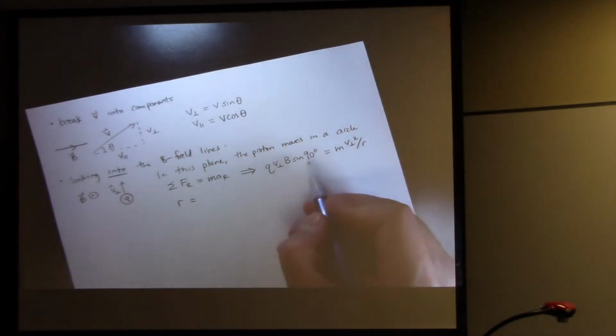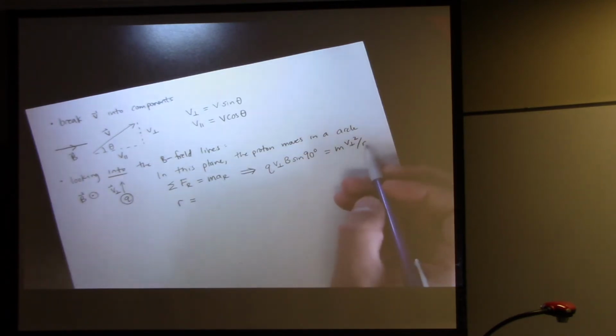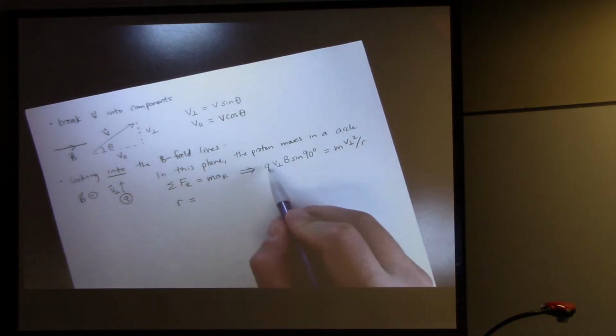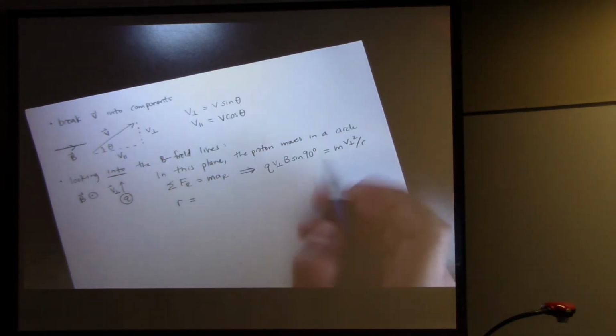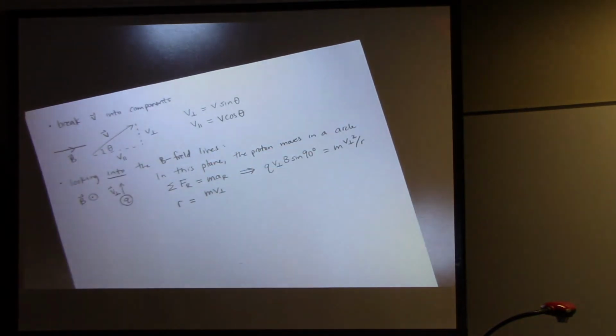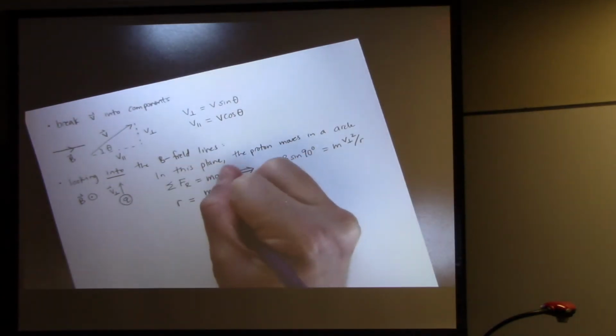And let's also just take a quick note that sine of 90 degrees is 1. So when I solve for r, I'm going to multiply on both sides by r to put it over here on the left. I'm going to divide on both sides by q V perpendicular B. So here's what I get. m V perpendicular on top divided by qB.